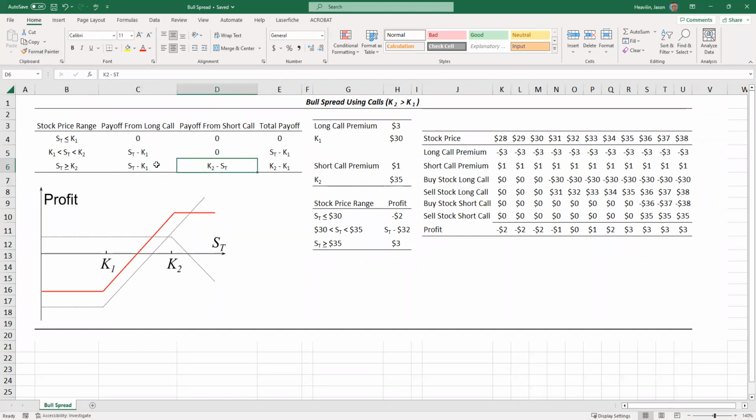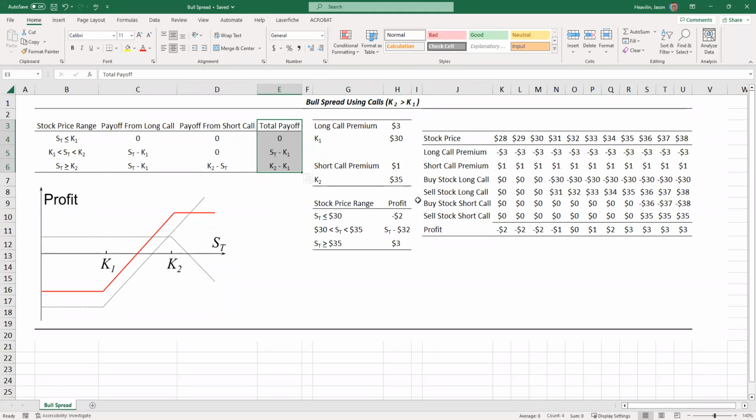When you net these two out, notice that you have a negative stock price here and a positive one here. So the STs cancel each other out, and you're left with a positive K2 and a negative K1. So you can write it as K2 minus K1, and that's the payoff of that scenario. So that's how we got to here. From these three potential scenarios, these are the payoffs that could happen when you're doing this strategy using two call options, one long, one short.